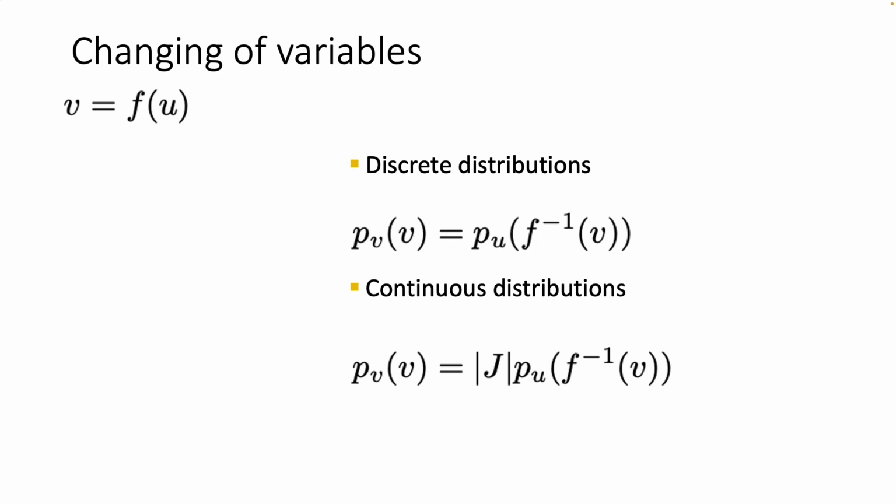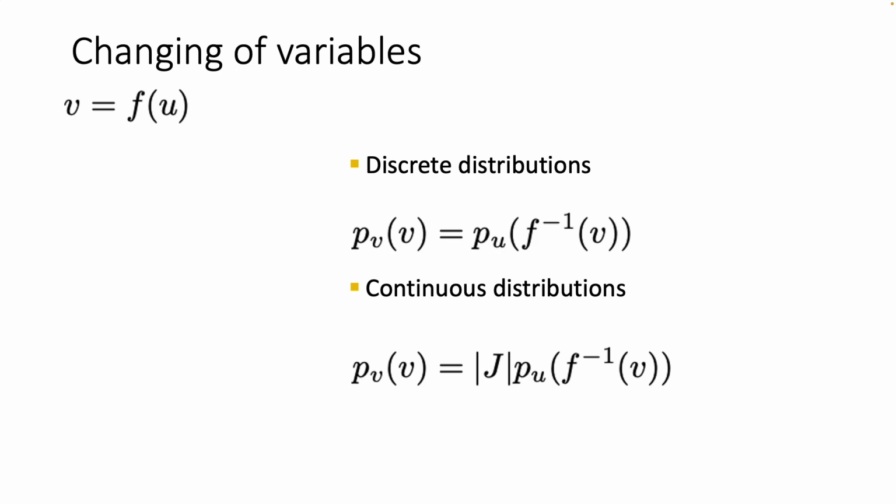We, however, often find a situation that changing the variables is required in order to make the computation possible. And depending on what kind of distribution we have, either discrete or continuous distributions.